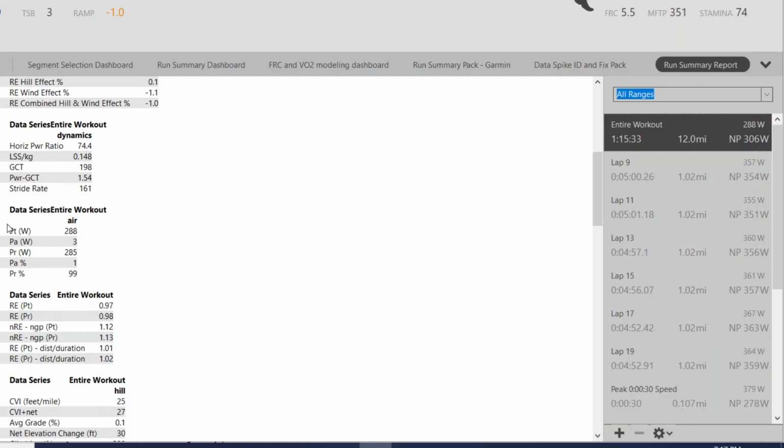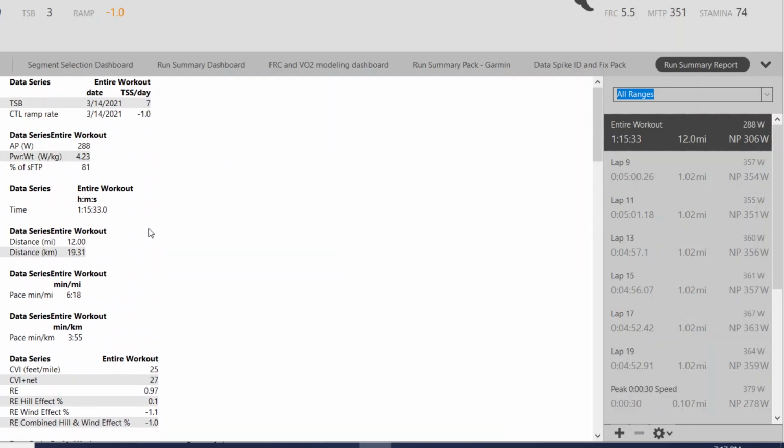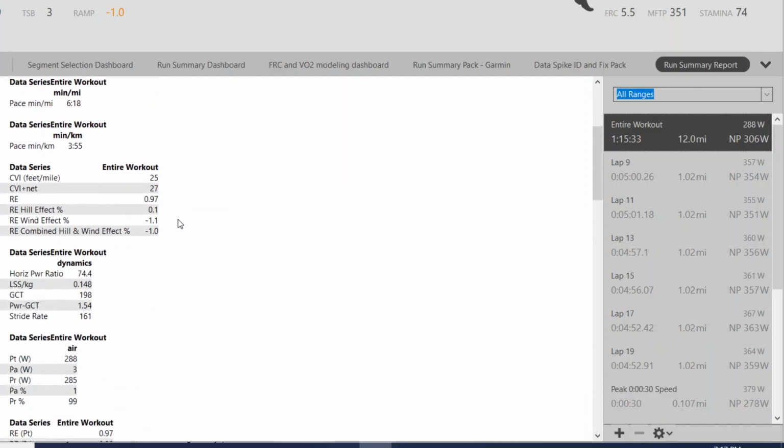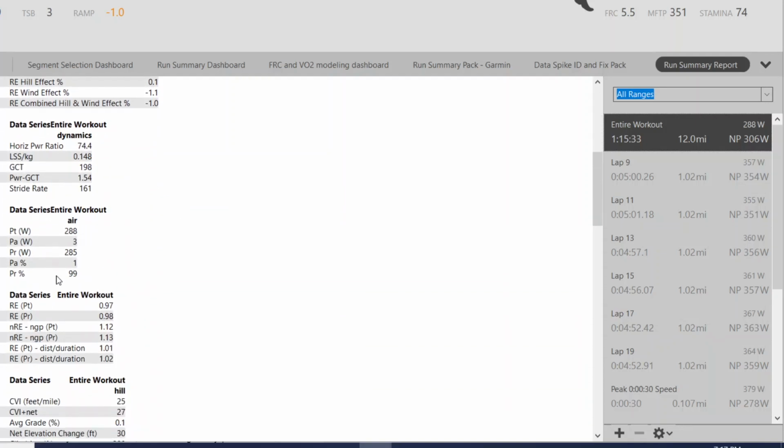All right, so basically we have what's reported by Stryd, the total power, or PT, which is the same as the average power, right? That's the total power reported. And then there's the air power component, which is 3 watts. Then it gives the air power as a percent of the total, 1%, which is on the low side.